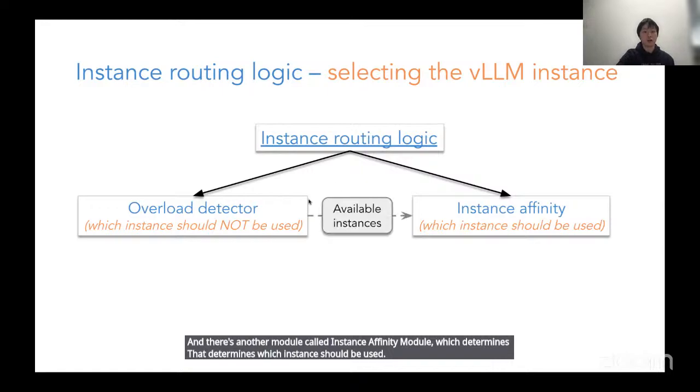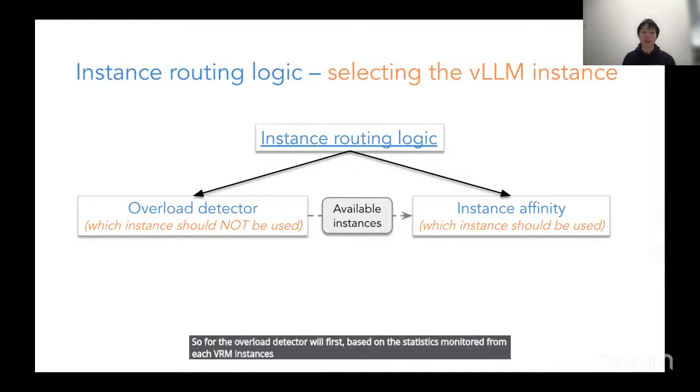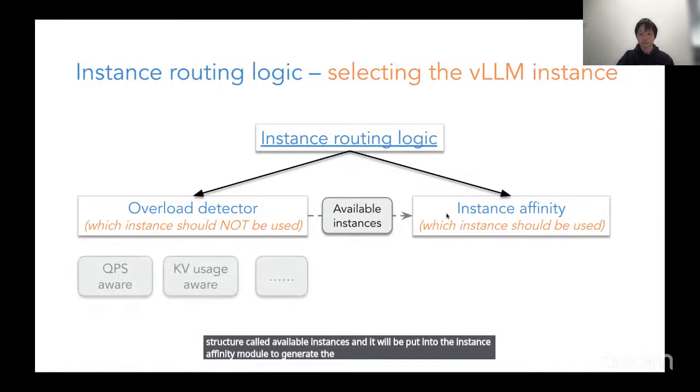The overload detector will first, based on the statistics monitored from each vLLM instance, generate a data structure called available instances, and it will be put into the instance affinity module to generate the final instance.